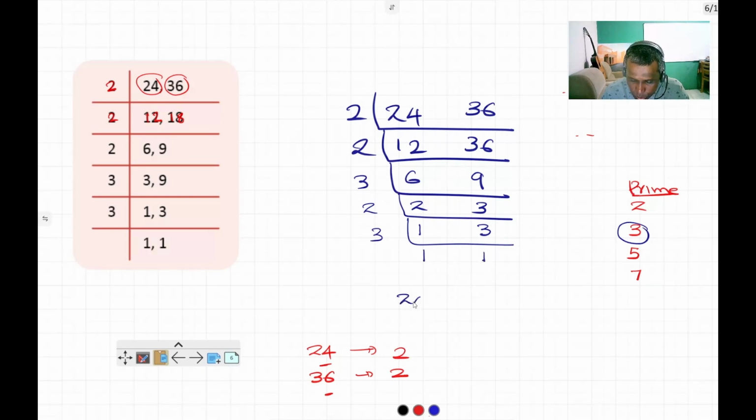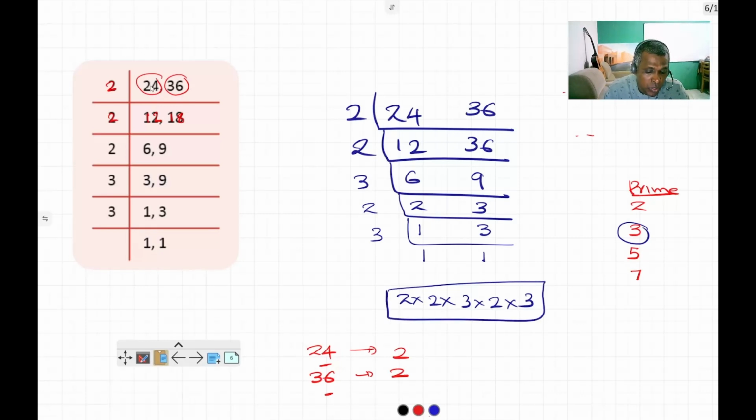If I multiply the divisors 2, 2, 3, 2 and 3, I get the common multiple for 24 and 36. 2 times 2 is 4. 4 times 2 is 8. 8 times 3 is 24. 24 multiplied by 3 is 72. So 72 is the answer.